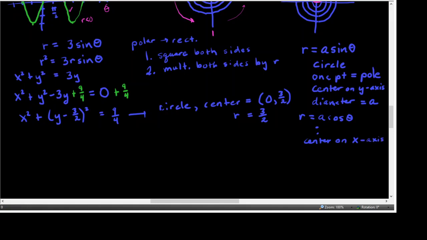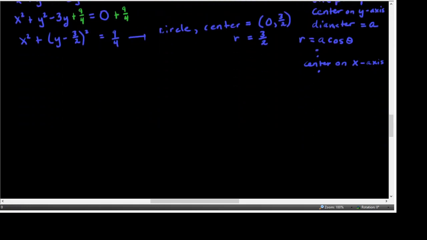And again, a is still the diameter. So where the center is the only change that you would make for a cosine theta as opposed to a sine theta. All right. So that was helpful. That was nice.